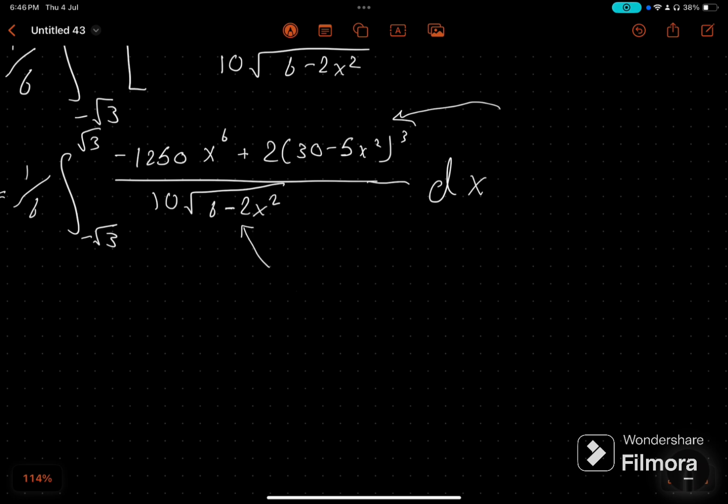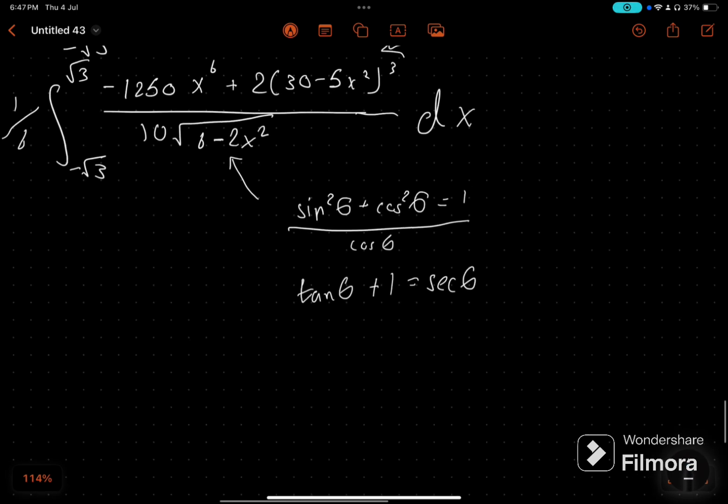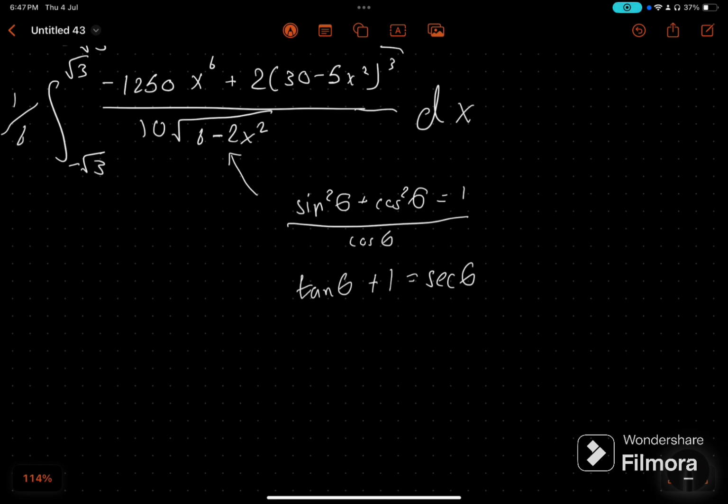Now we can use something like 1 minus, what's the most suitable thing? We have sine squared theta plus cosine squared theta equal to 1, and if we divide this by cosine squared, we get tan squared theta plus 1 equals secant squared theta.